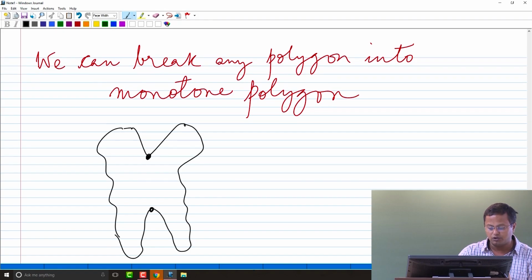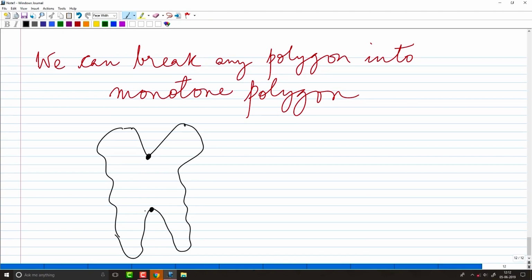One can show that if your polygon is not a monotone polygon, then you will have these kinds of vertices, because you need a line such that the intersections are discontinuous. So, you need a vertex like this. You can geometrically prove it.